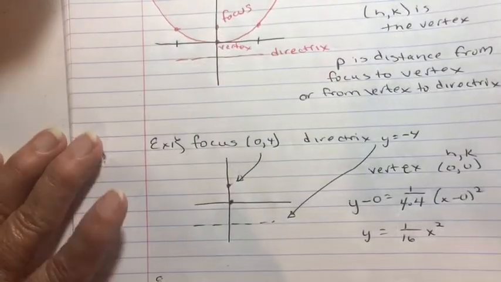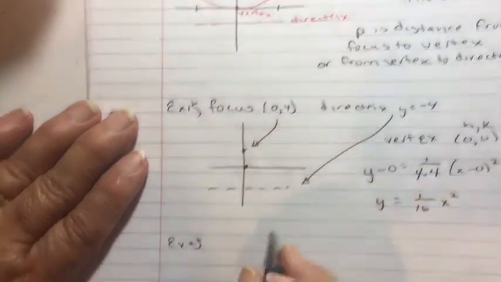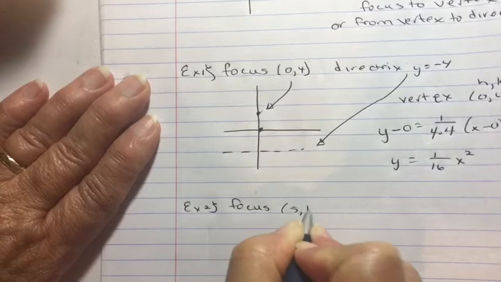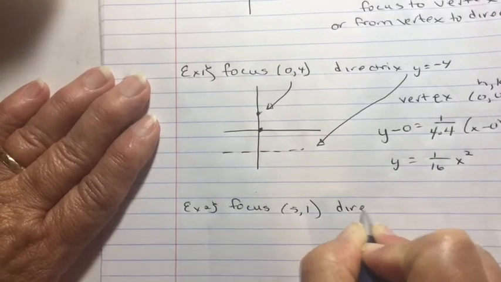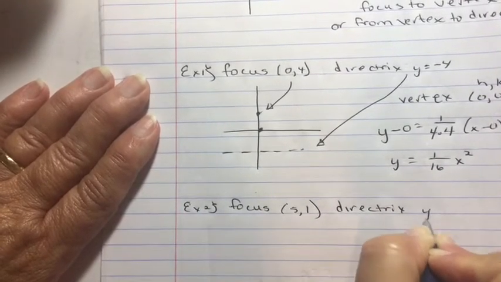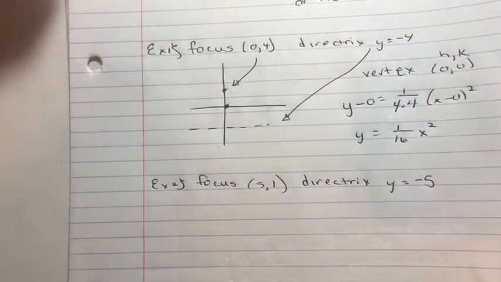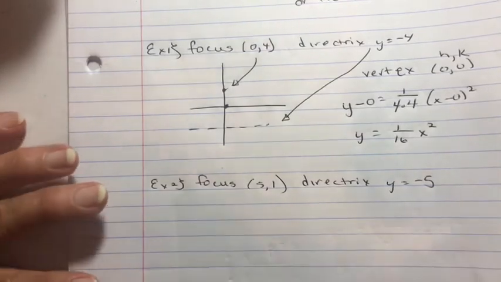So let's do example 2. And we're going to have a focus this time of (5, 1) with a directrix of y equals negative 5. Okay, so in order to use that formula, we need the vertex and we need to figure out what p is.